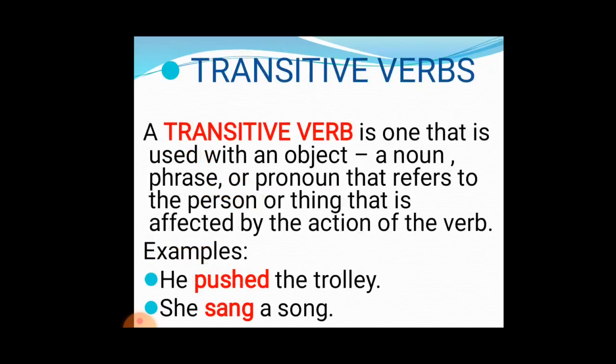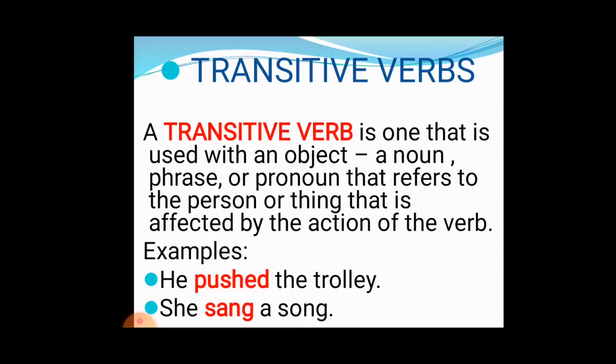Now the next verbs are transitive and intransitive verbs. First we will see the transitive verbs. A transitive verb is one that is used with an object, and it can be a noun, phrase, or pronoun that refers to the person or thing that is affected by the action of the verb. I think you all know what an object is.